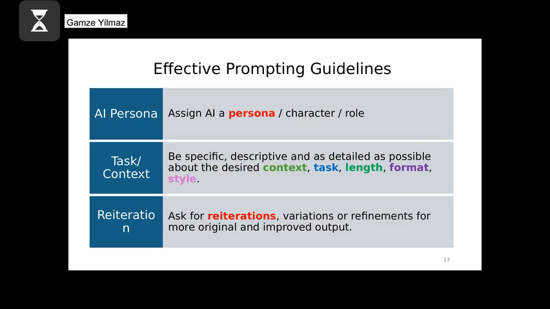Another important tip we need to keep in mind is don't ever be satisfied with the first output of AI. Always ask for reiterations or variations or refinements for more original and improved output. Let's say in the previous prompt you asked AI to generate 10 original ideas.